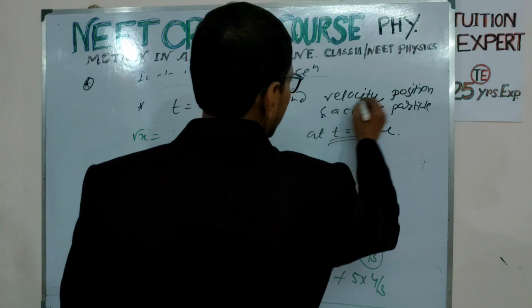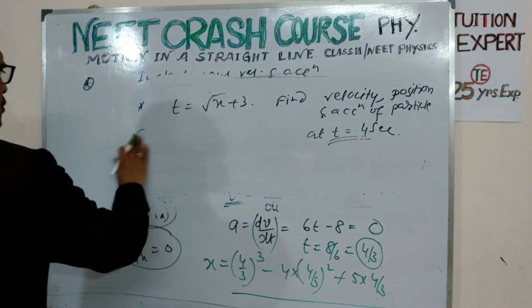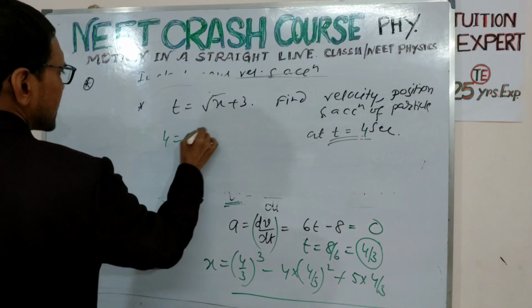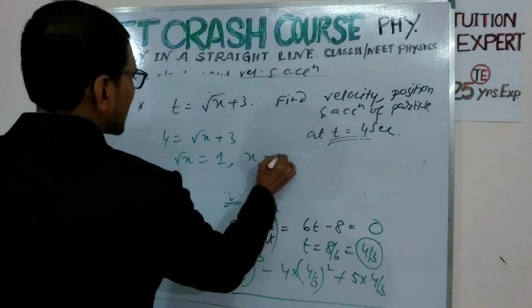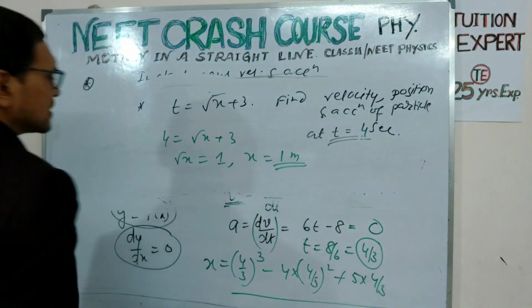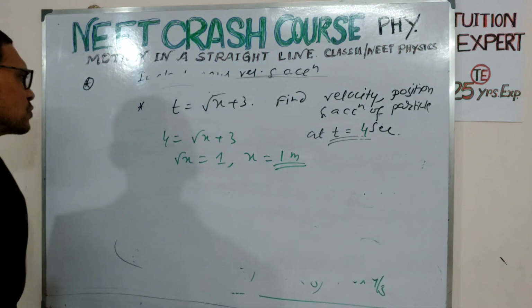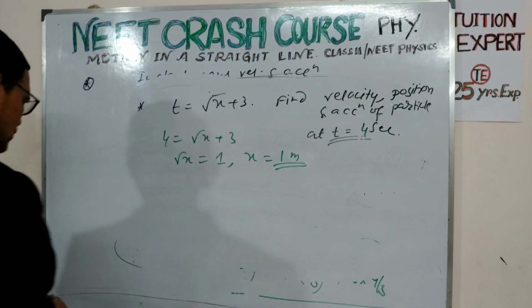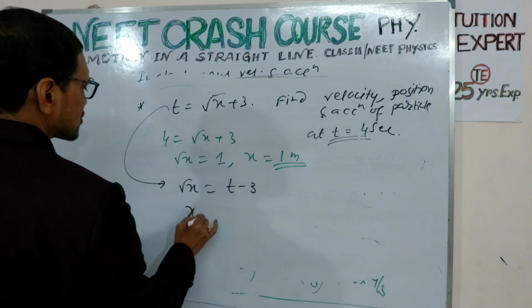Suppose velocity, position and acceleration of the particle at t equals 4 seconds. So t equals 4, we put here, x equals 1 meter. This is the position. Now what is the velocity and acceleration? So we have root over x equals t minus 3, squaring.